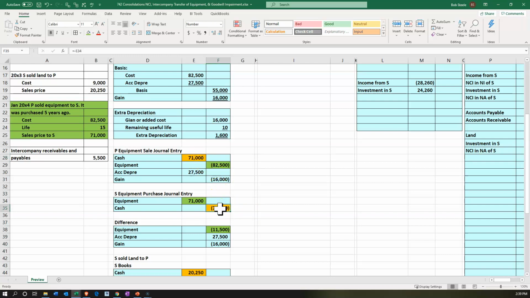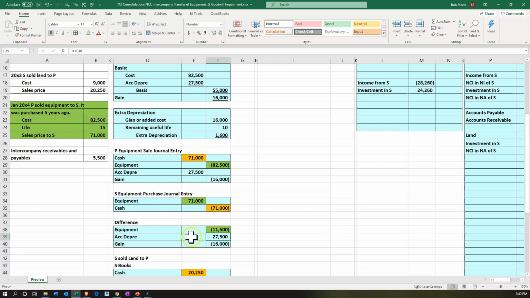If you think about this as one entity, the equipment account is going to net out here, but the equipment is actually understated, which you'd think would be weird if they had a gain, but that's because accumulated depreciation being a separate account messes everything up. So we actually have to increase the equipment account, and we have to put the accumulated depreciation back on the books because P took the accumulated depreciation off the books. And then when S purchased it, they didn't put any accumulated depreciation on the books because it was a new machine to them.